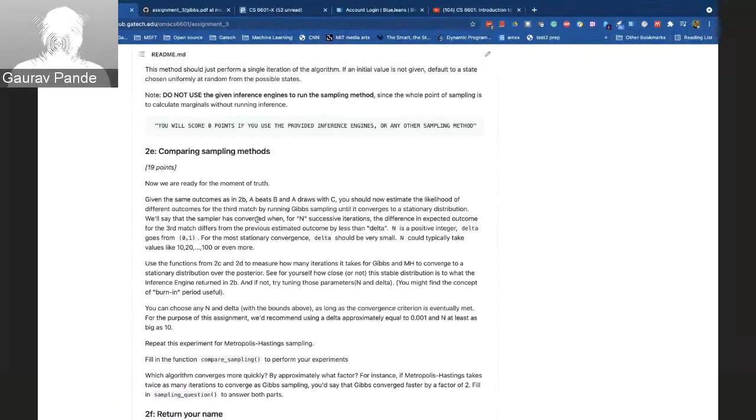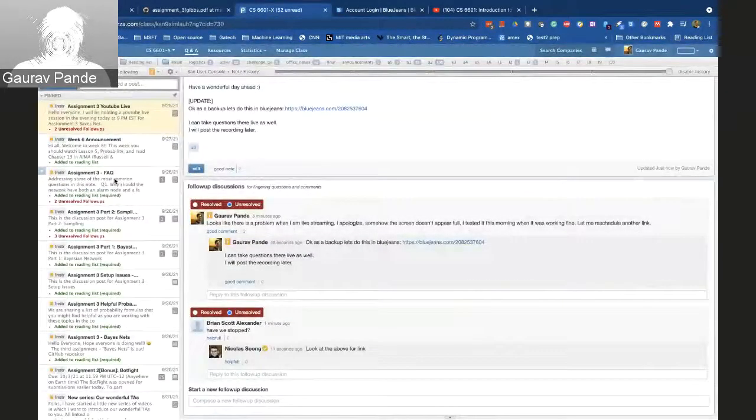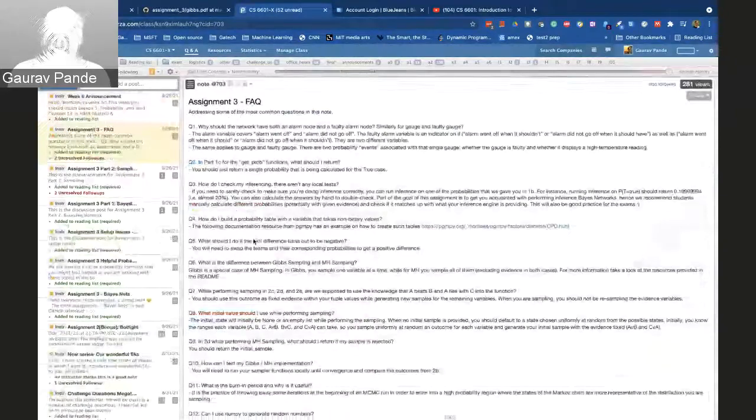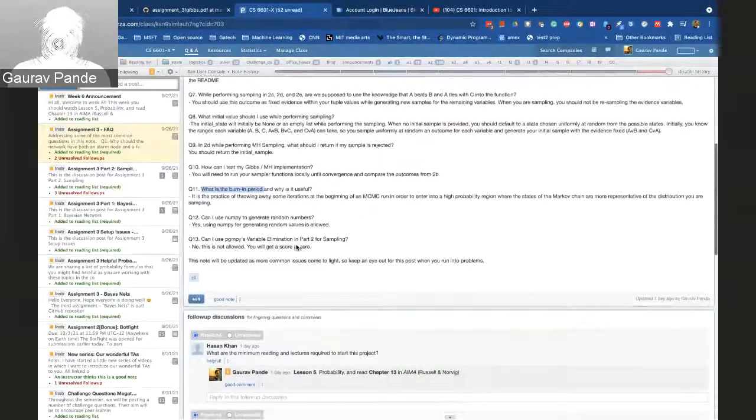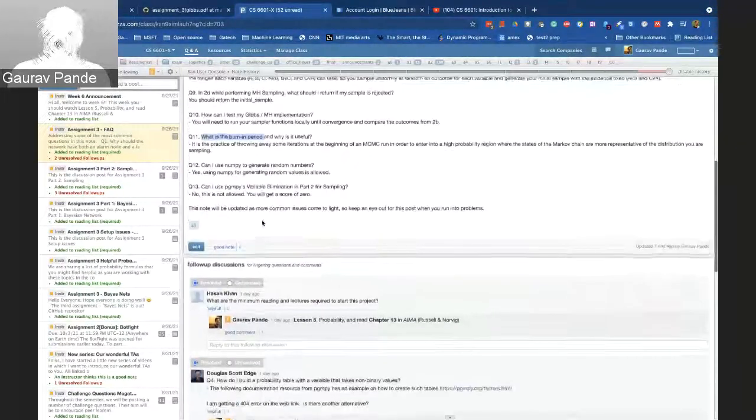The third is the burn-in period. The reason to use the burn-in period is mentioned here also in the FAQs: what is the burn-in period and why is it useful. The practice here is that you want to throw away some of the iterations at the beginning because you want to enter into a high probability region.